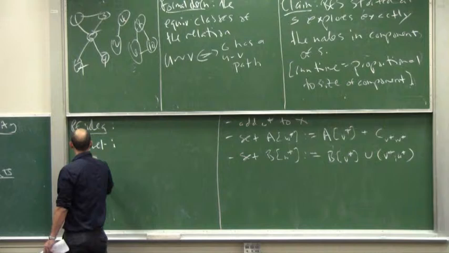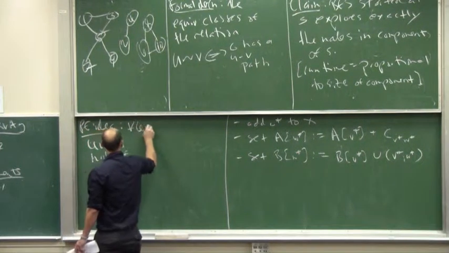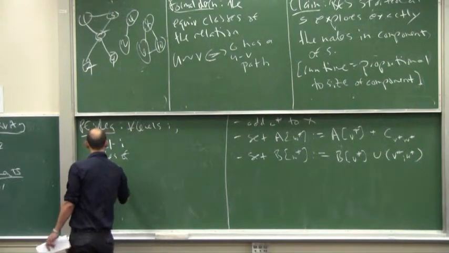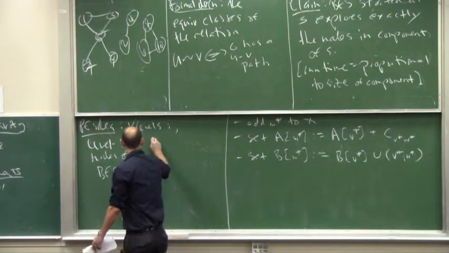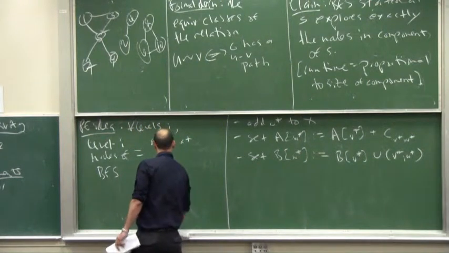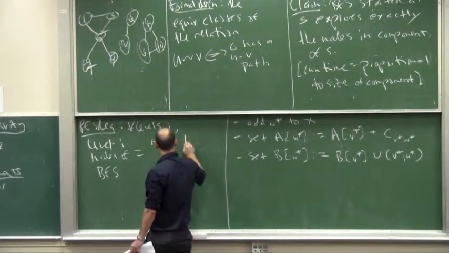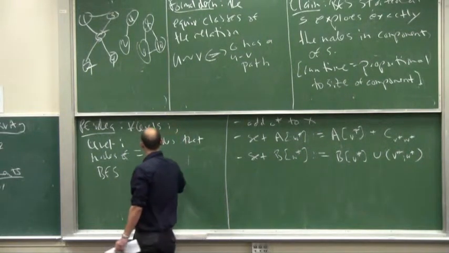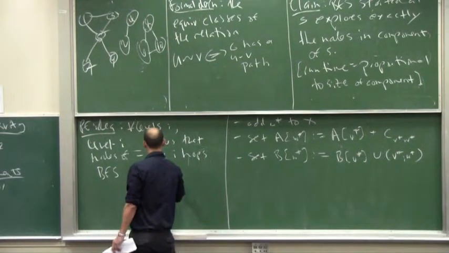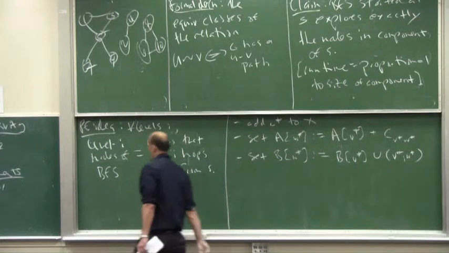For all levels I, the level I nodes of BFS are precisely the nodes that are I hops away from S. Okay?